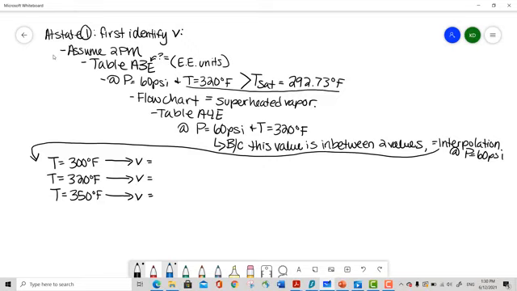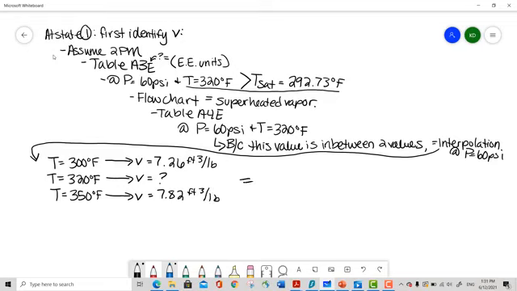Okay, so we know that our value is in between here, and we're trying to find our V at 320 degrees Fahrenheit. So we are going to interpolate: 7.26 feet cubed per pound, we don't know this one, we're trying to get this, and 7.82 feet cubed per pound.